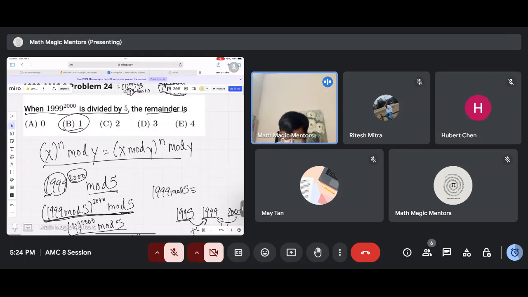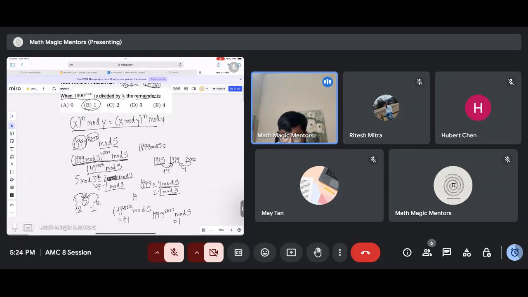Right. And so this is another reason why mods are very helpful for dealing with mod 5s and really any other problem, because if we didn't have the knowledge of mods, we could have tried to analyze the last digit of 1999, which is 9, and you could have tried to find a pattern: 9 to the 0, 9 to the 1, which is 9, and then 9 squared, which is 1 again, because 81, the last digit is 1, and so on.